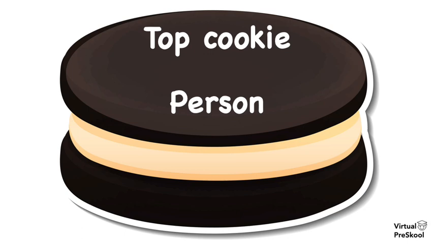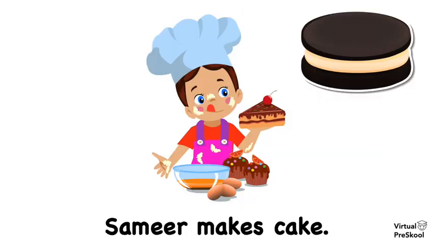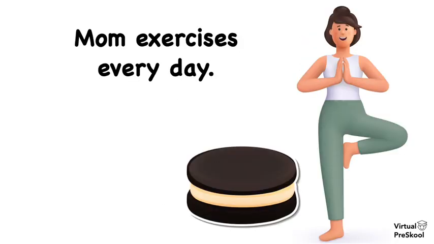Now, let's see if we can determine the top cookie for some sentences. Samir makes cake. What's the top cookie? It's the person that the sentence is about, and that is Samir. Mom exercises every day. So what's the top cookie?